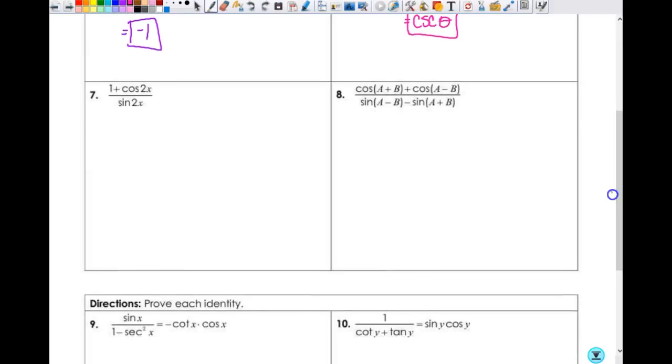All right, number 7. So I'm going to need to substitute some stuff in here. I know in the denominator I only have one option for the sine of 2x. That's going to be 2 sine x cosine x. But then in the numerator I have 1 plus cosine of 2x, and I have a couple of options, or 3 options actually. The one that has cosine and sine in it, I don't think that I want to use that one, just because I don't want to introduce cosine and sine if I don't have to.